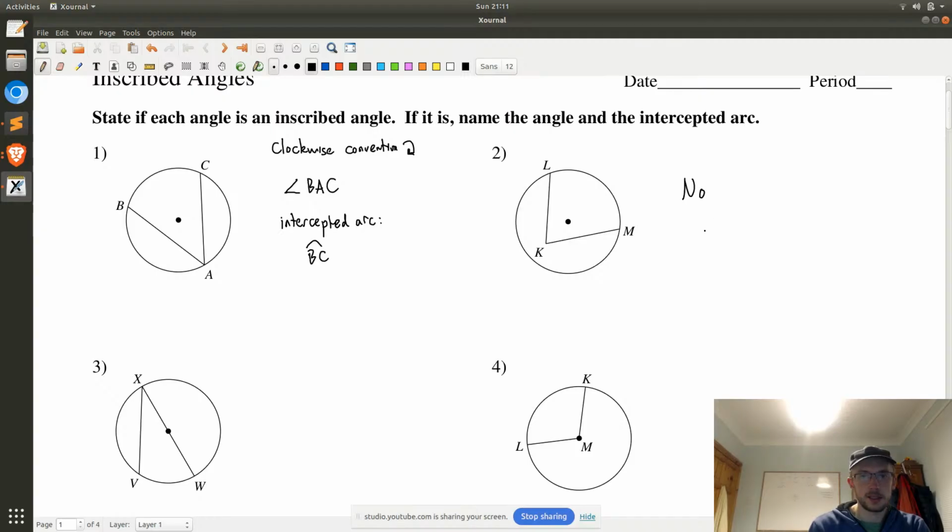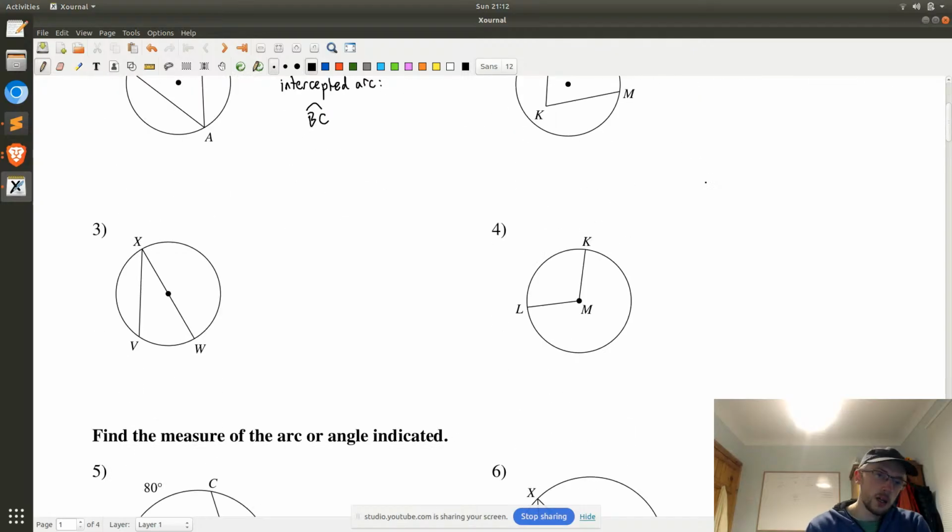That is not an inscribed angle. That is not an inscribed angle. That is an inscribed angle.